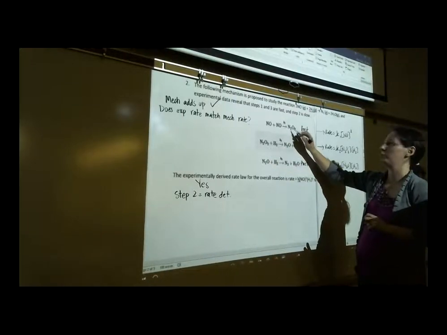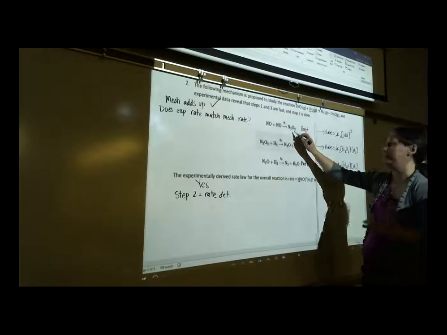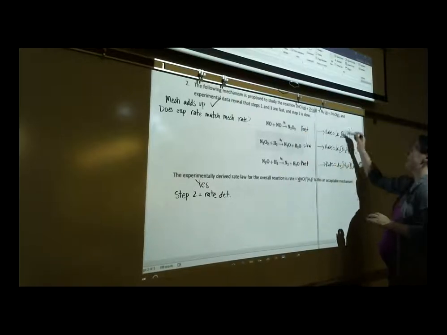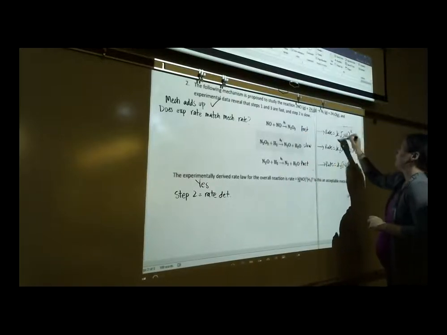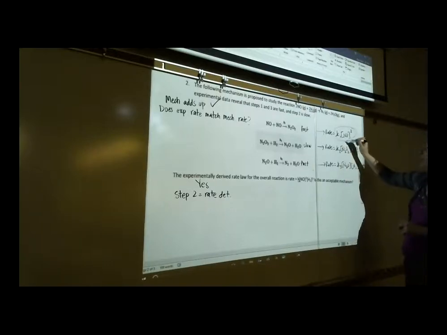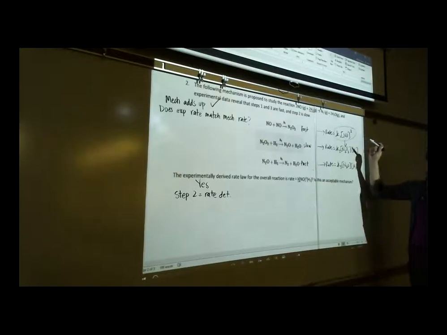And step 1 produces N2O2 very, very quickly, which means I can substitute this in for that, because this happens very, very quickly, and this is the rate determining step. And this step immediately precedes this step. Do you see why I'm able to do this? Because without step 1, step 2 doesn't happen. And step 2 is what determines how fast this overall mechanism occurs, right?